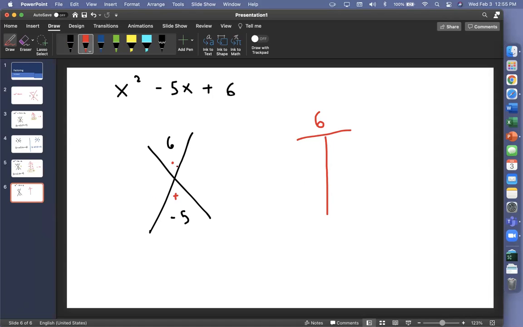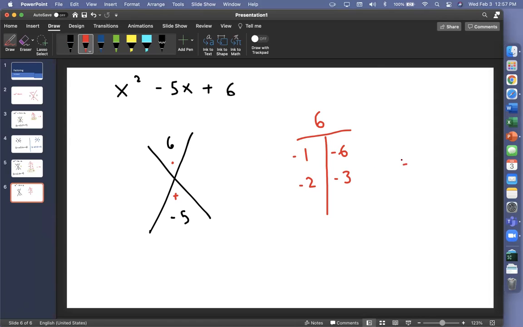And I know when I add my numbers, they need to be negative. So 1 and 6, and then we have 2 and 3, but two positive numbers are never going to give us a negative number. So here we go.